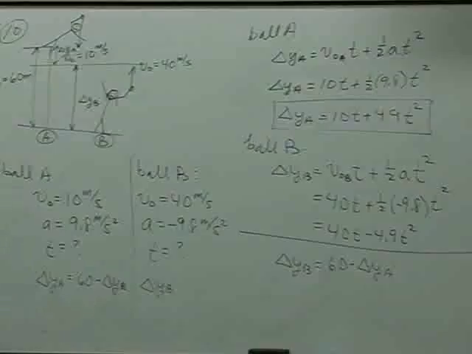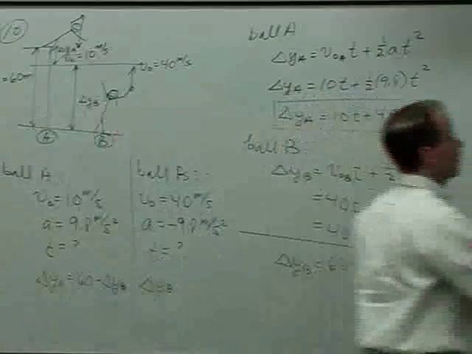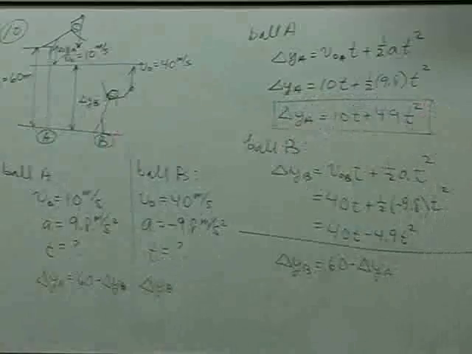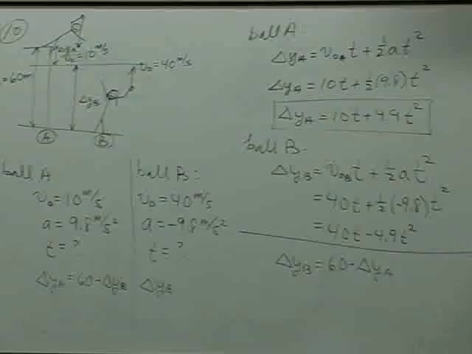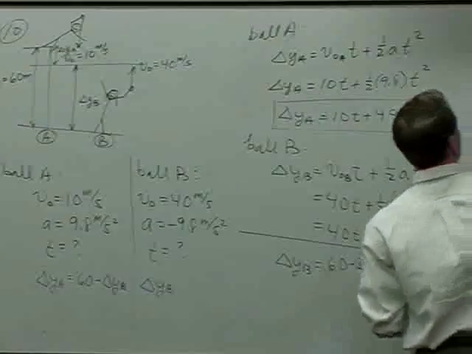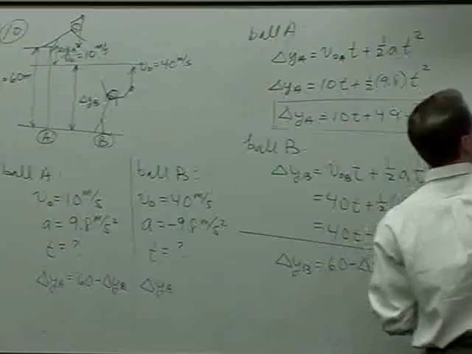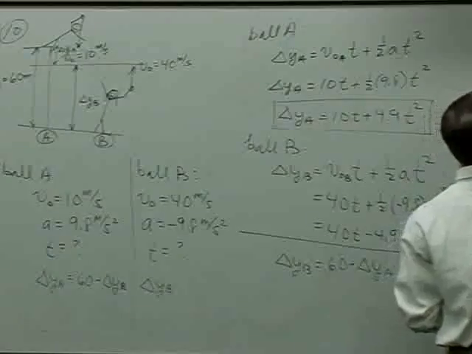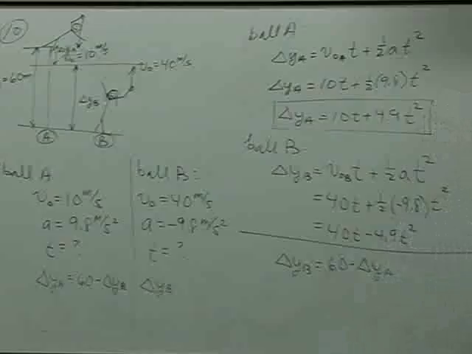Well, let's set those equal. So I have delta yb was 40t minus 4.9 t squared equals 60 minus delta ya, 10t plus 4.9 t squared.